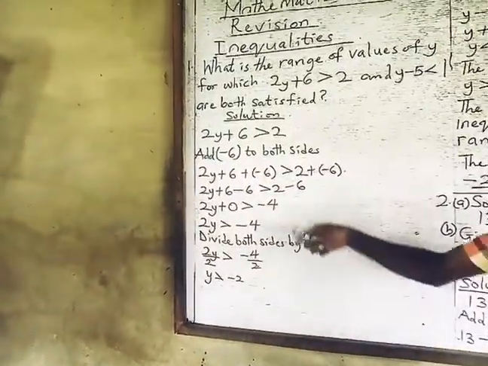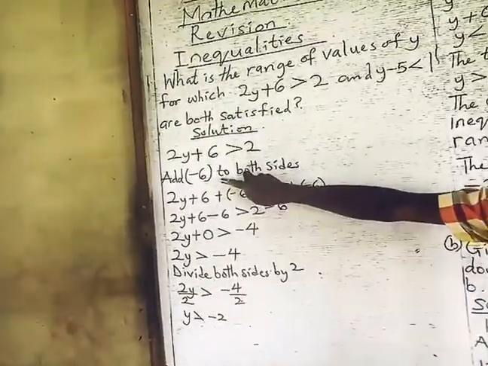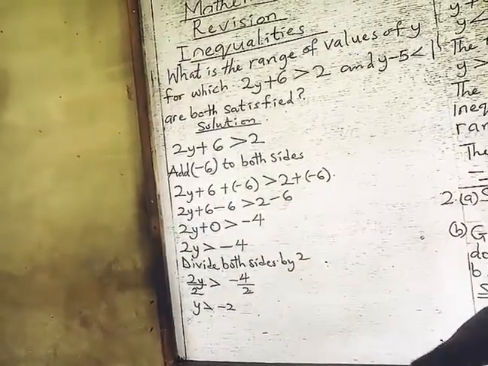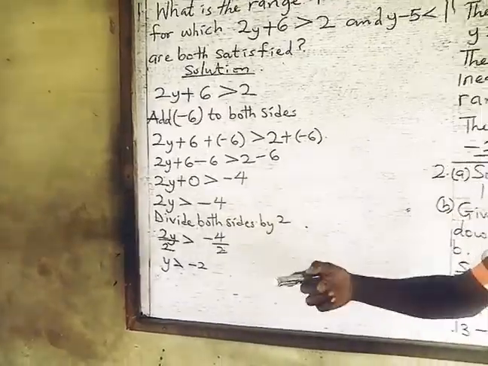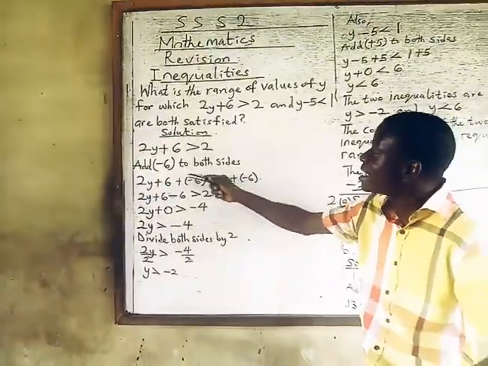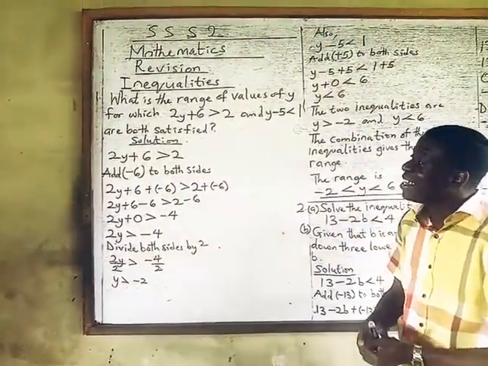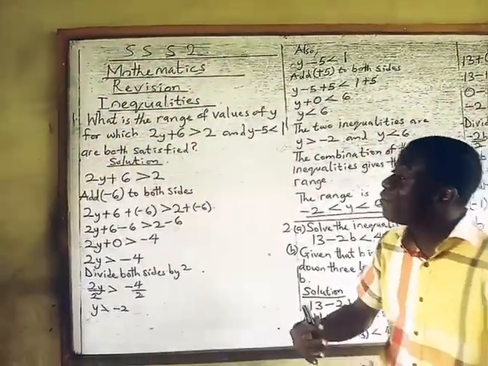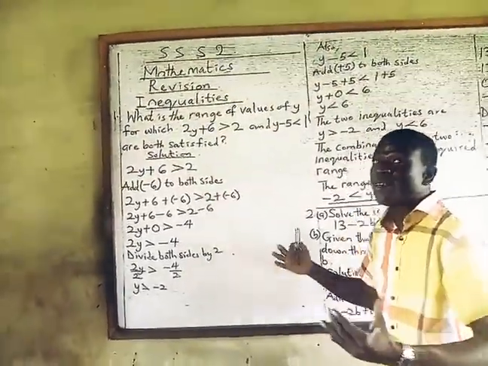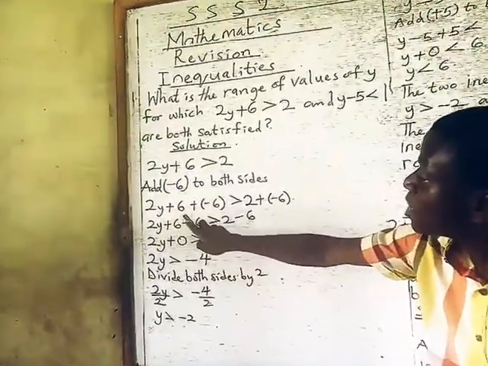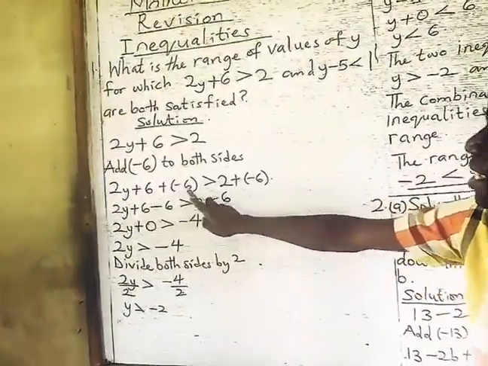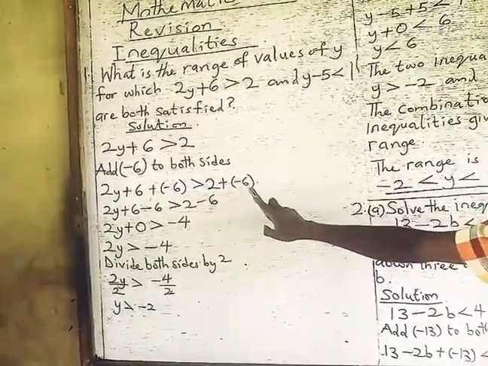Sometimes you may say subtract 6 from both sides, but to make the explanation easier, like we did in the classroom, we add minus 6 to both sides. Putting the additive inverse on the two sides of the inequation, we have 2y plus 6 plus minus 6 is greater than 2 plus minus 6.